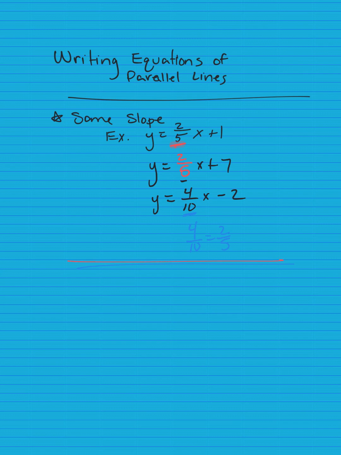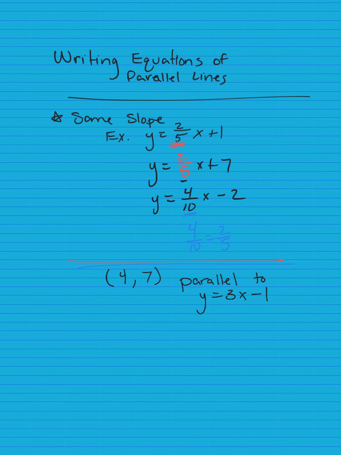I have a line that goes through the point (4, 7), and I want that line to be parallel to the line y equals 3x minus 1.